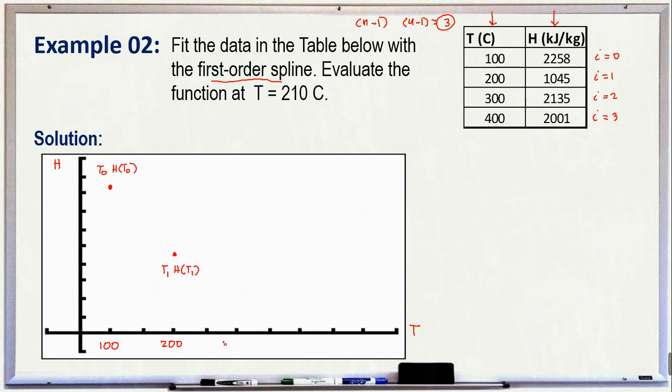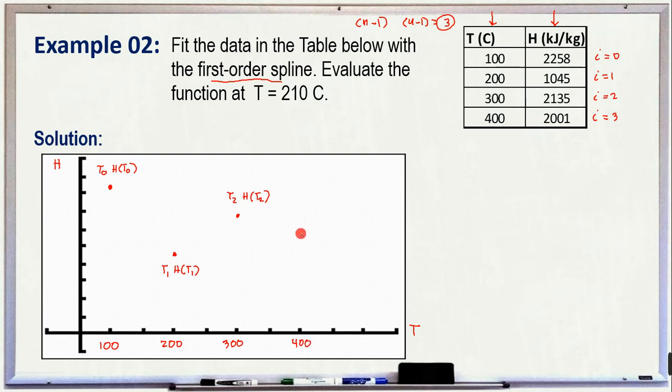Next at 300 degrees Celsius mitaas siya gamay pero wala siya mitupong sa first data point. So somewhere here ana. So diri si T2, h of T2. And then for 400, so 2001.